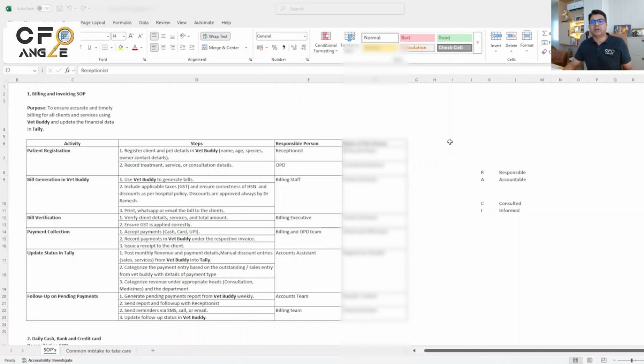And then we also have the auditor to check it: what Harish sir's role is, what Ramesh sir's role is, what Pawan sir's role is, what Joseph's role is. We have decided those matrices, in the form of a detailed SOP matrix for each branch.